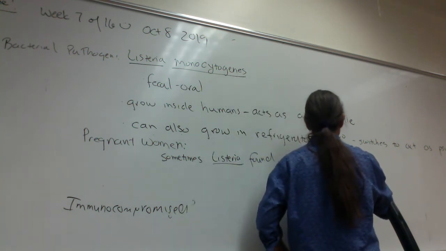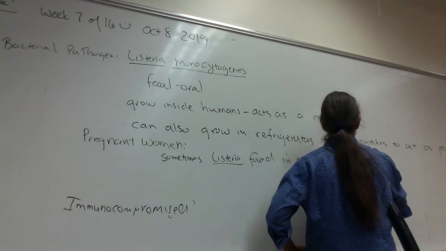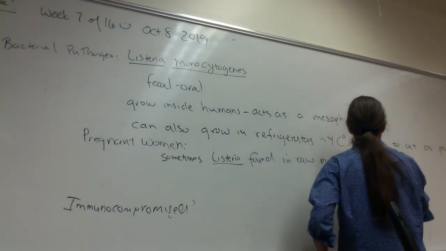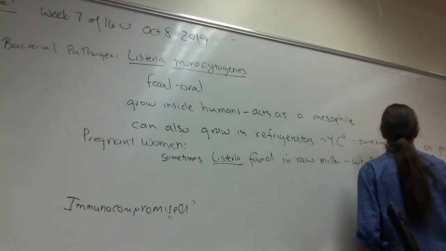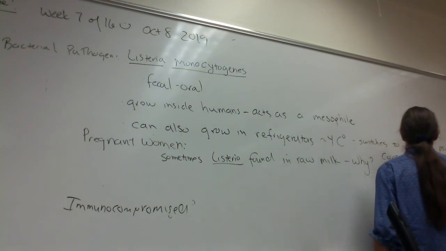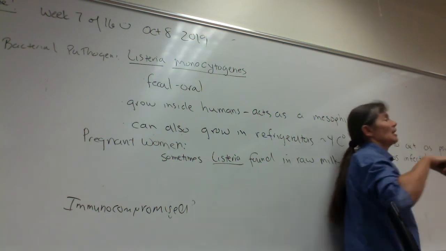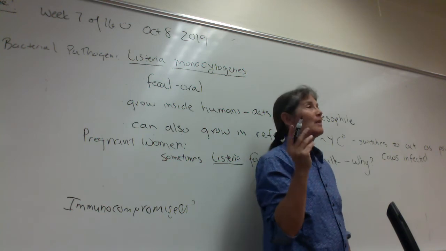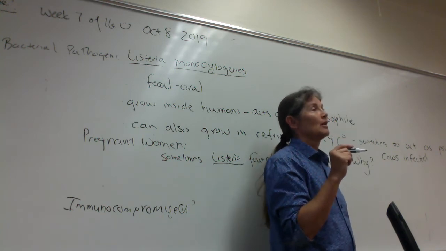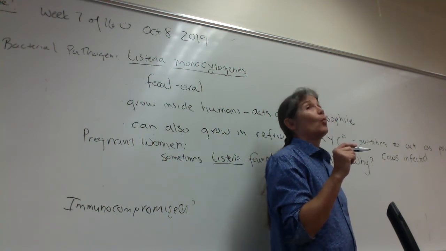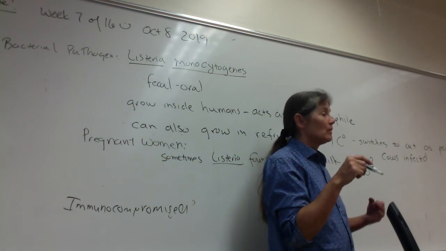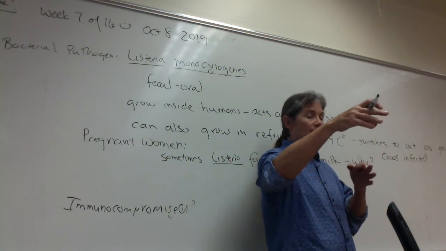And the reason, folks, it can be found in raw milk is because cows can become infected. So cows infected, and what happens is you can get fecal contamination of the milk. And you might think, no, there's no way. But guys, I worked on a raw milk dairy. You know, after we milk, I would clean the filter.